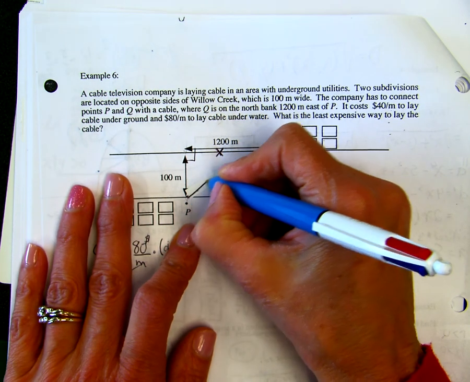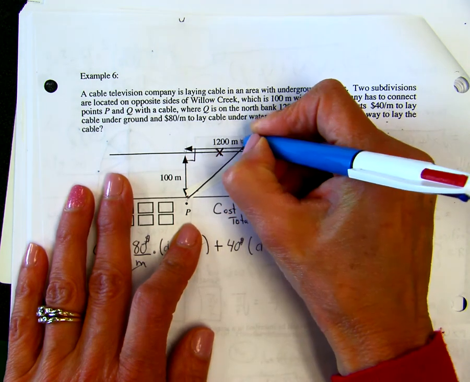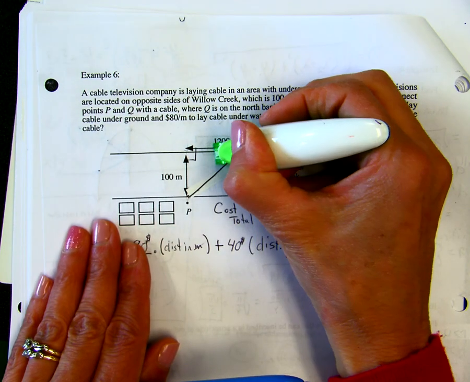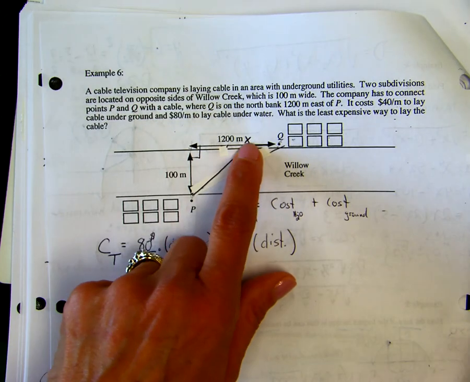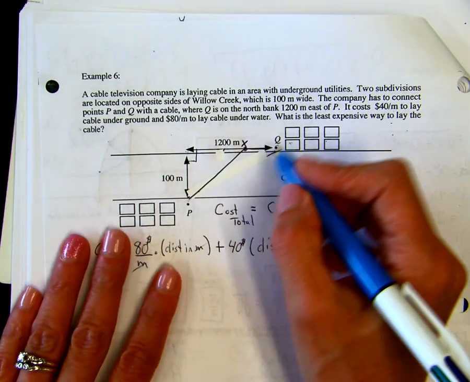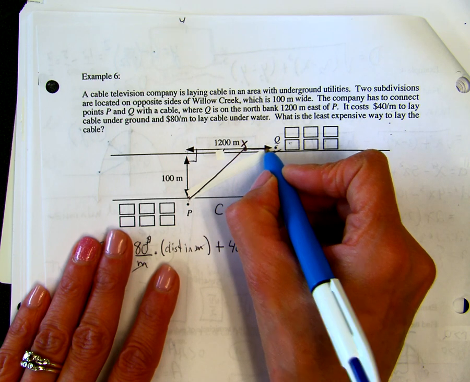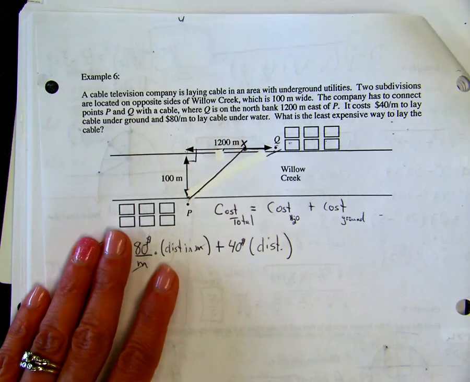So I'm going to connect this like that and call this point here X. Okay, so cable comes across the water and lands on the other side at some point X. Then the distance that I have to lay this cable underground would be 1,200 minus X.